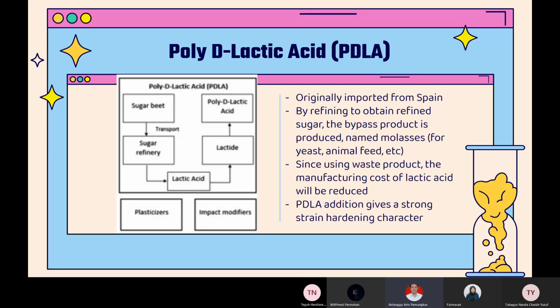Molasses is the main product used to produce yeast and animal feed. Since we're using the waste or byproduct, the manufacturing cost of lactic acid will be reduced. The PDLA itself, on its addition, gives a strong strain hardening character so that it can be a plasticizer, and gives a strong impact so that it can be an impact modifier.